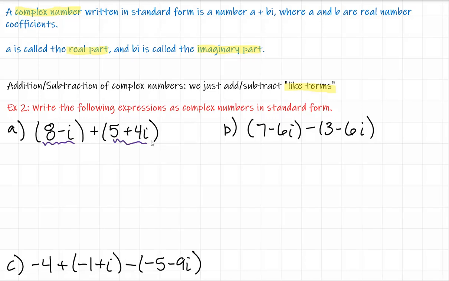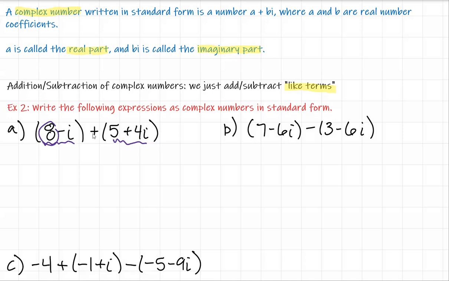So what do I mean by like terms? Well, kind of like when you're adding polynomials, you can treat i as if it were x, as if it were some kind of variable, even though it's not. i is its own thing, it doesn't change. But pretty much, you just combine like terms.